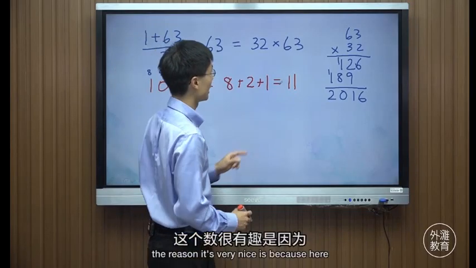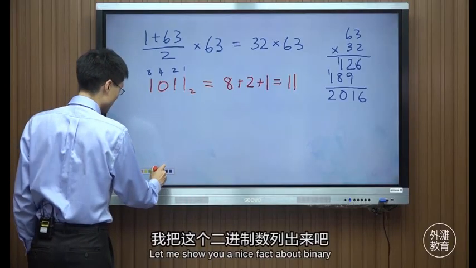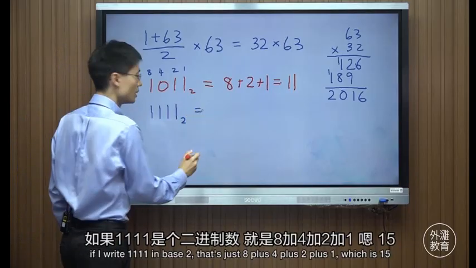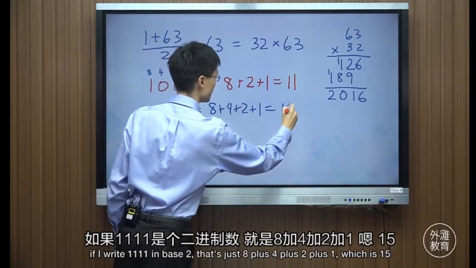The reason it's very nice is because here, let me show you a nice fact about binary. If I write 1111 in base 2, that's just 8 plus 4 plus 2 plus 1, which is 15.